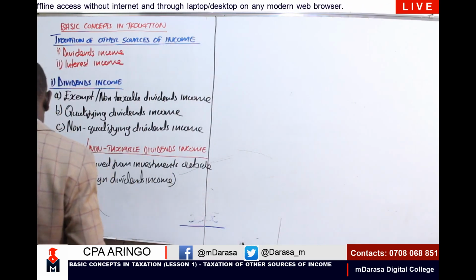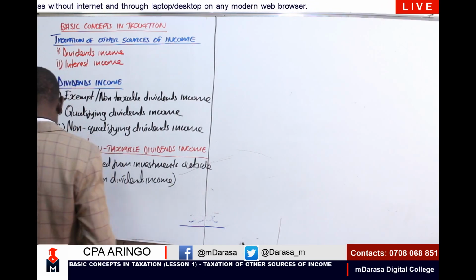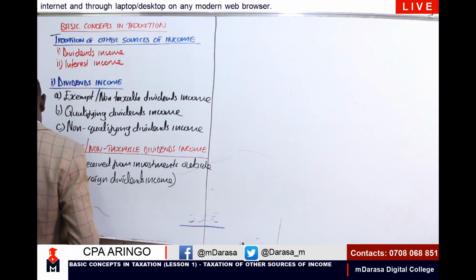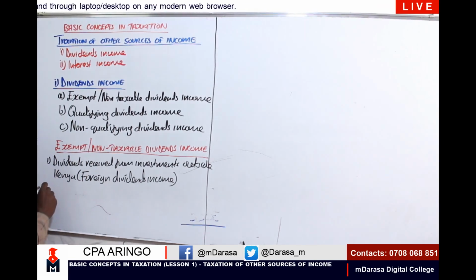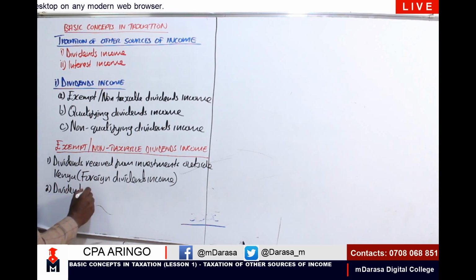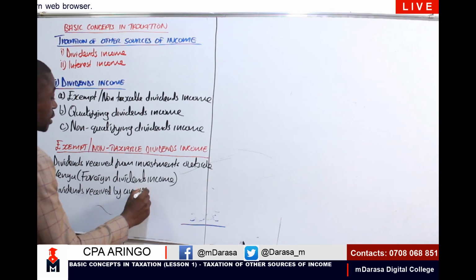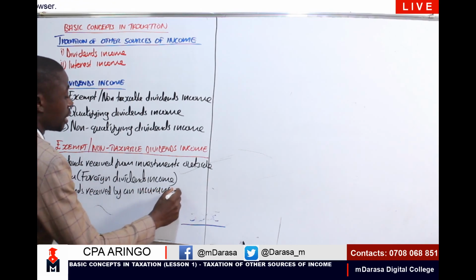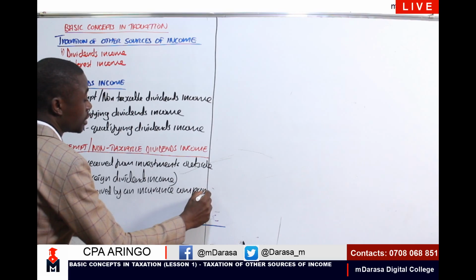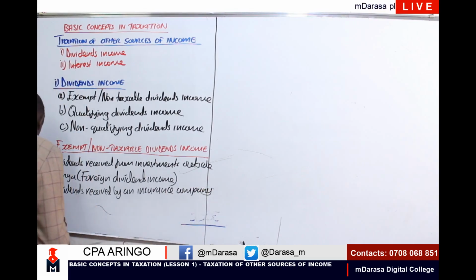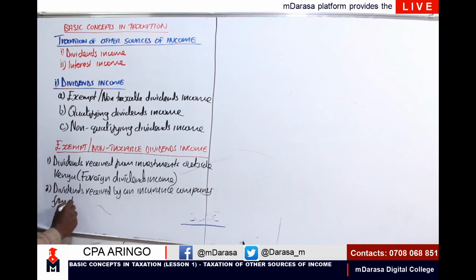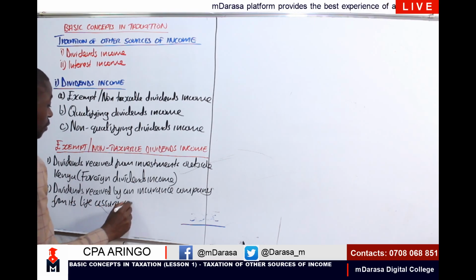Number two key element to understand is dividends received by an insurance company from its life assurance fund.